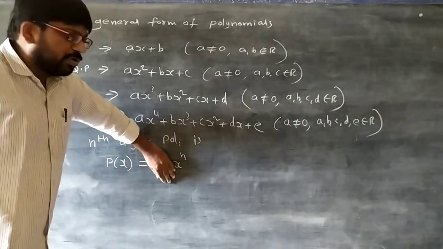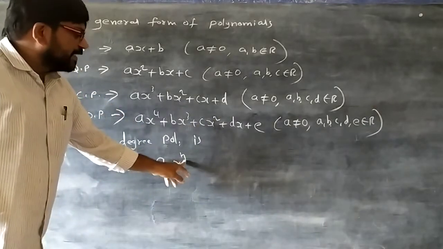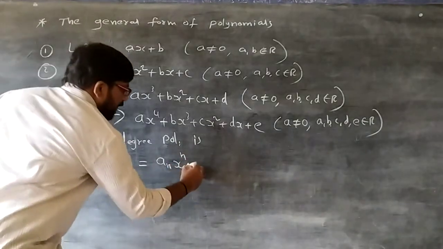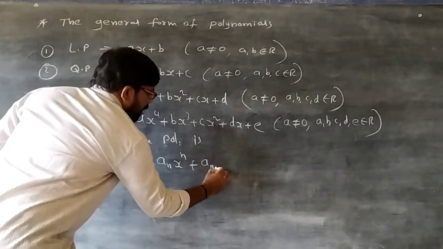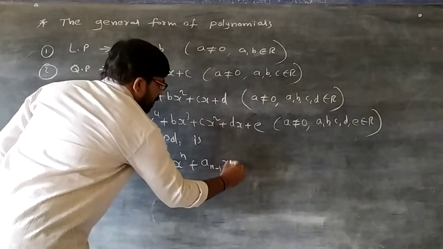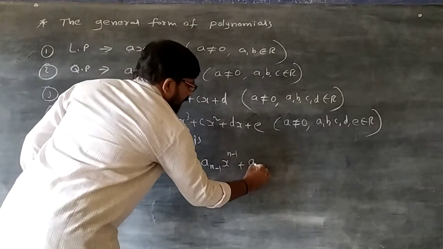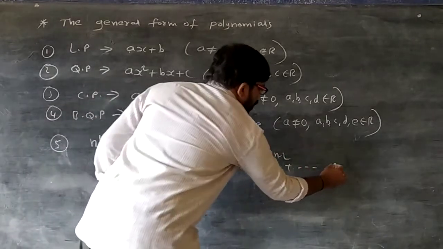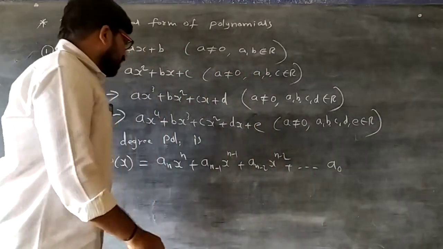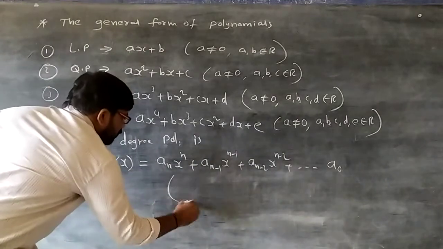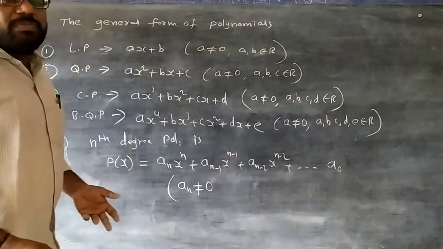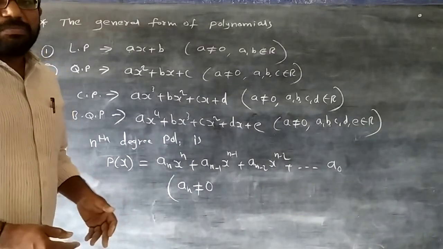Its highest power is n, so it is called an nth degree polynomial. aₙxⁿ + aₙ₋₁xⁿ⁻¹ + aₙ₋₂xⁿ⁻² and so on up to a₀. Here also aₙ does not equal 0, and the remaining are all real numbers.